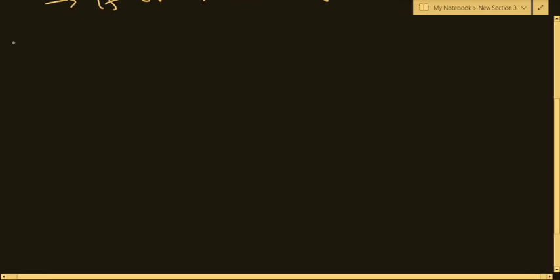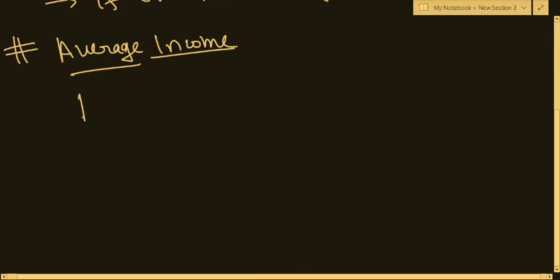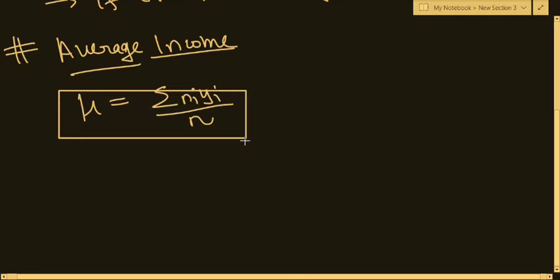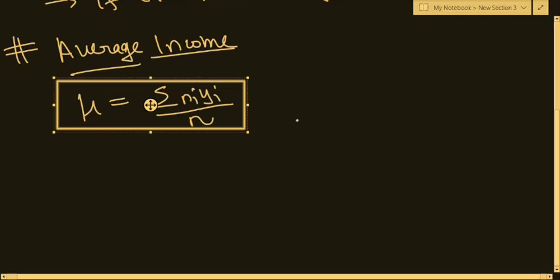So the first one we have is average income. These are very easy concepts. You must be familiar with them through statistics formulas. Average income, denoted by mu, equals summation of ni yi divided by n, where n is population.